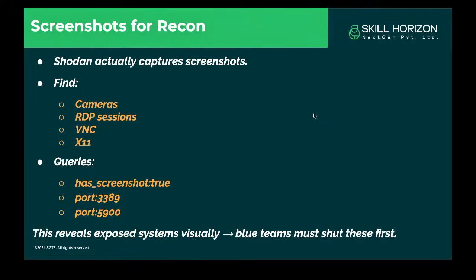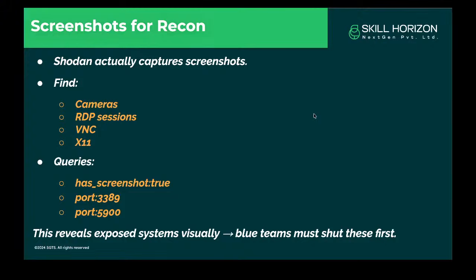So you can take some screenshots for recon as well. Sometimes Shodan is also capturing the screenshot, right? So you can find out some cameras, and under the screenshot there is also some information that can be revealed. So cameras, RDP sessions, VNC, X11, these are all the queries. These basically reveal the systems visually, like the screenshot will reveal.